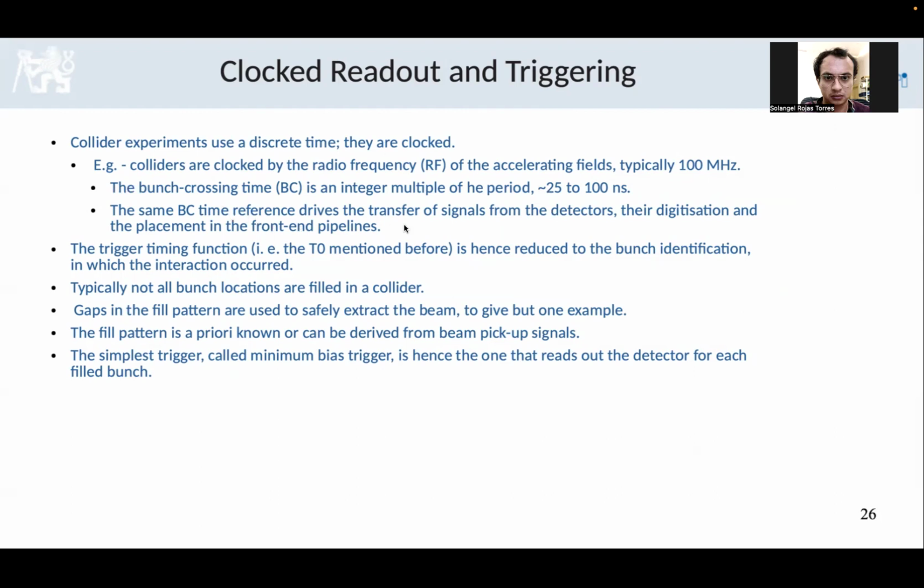And for the faster detectors, you need some system that can process at this speed, and you may use some pipelines in these multiples to produce buffers where you store information and you can synchronize later on.